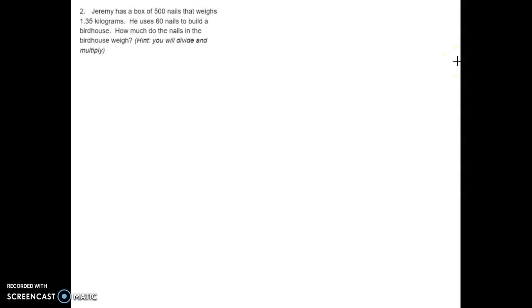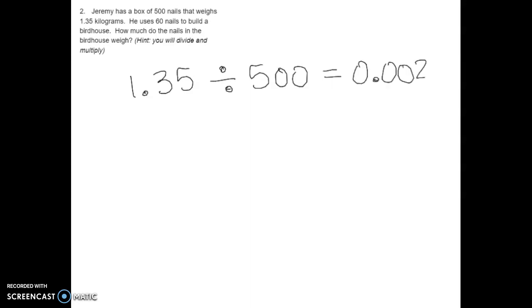So I need to know how much one nail is. And then once I have that information, I can just multiply by 60 to get how many he used in the birdhouse, which, 60 nails in a birdhouse sounds like a lot. So I need to know the weight per nail. I'm going to take the weight first, divide it by how many nails. And that gives me a small number because they don't weigh that much.